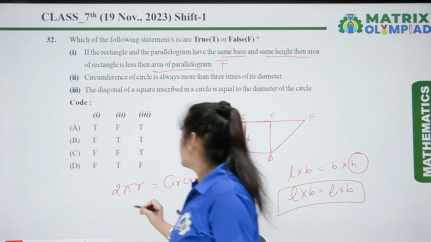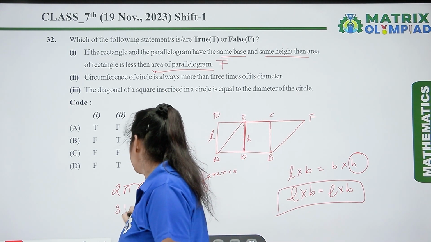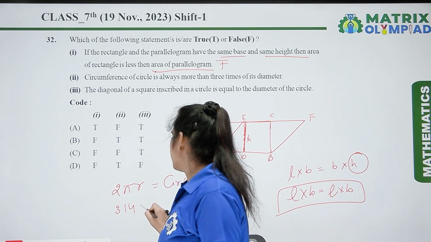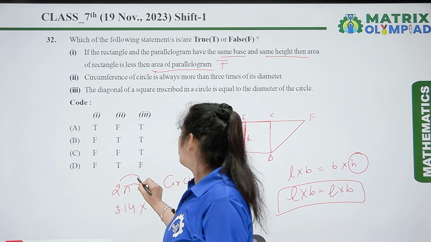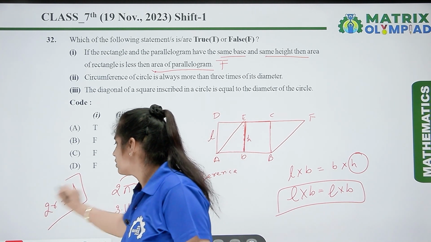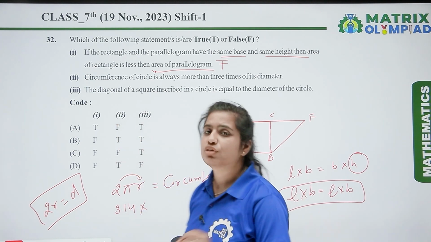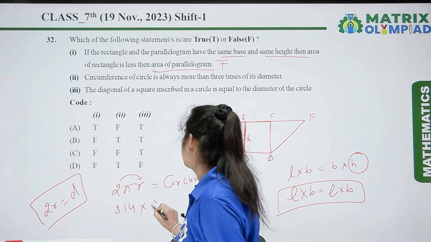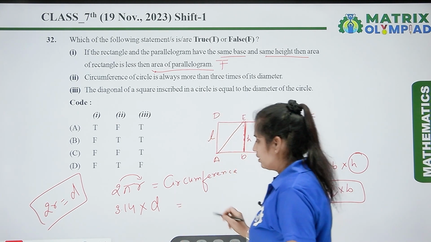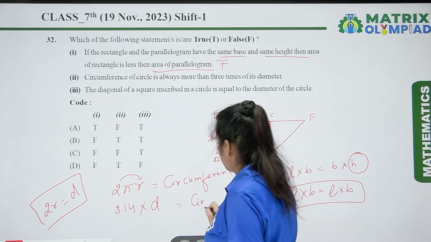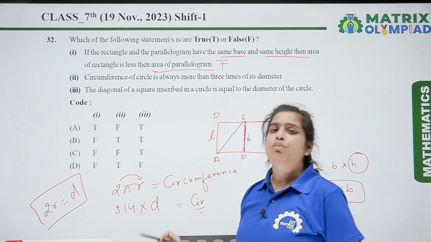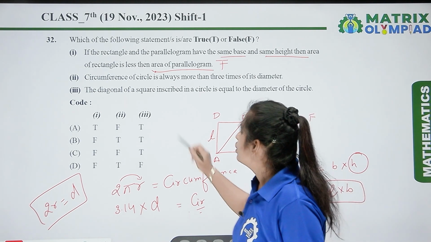We know that the value of pi is 3.14 and we can write down 2r as d is equal to 2r. So in place of 2r we can put diameter. So circumference is equal to 3.14 multiplied by diameter.